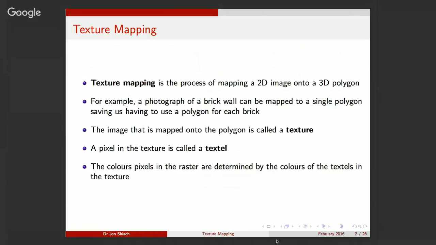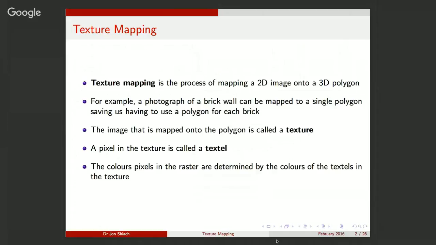You could have a polygon for each brick. Okay, but you'll end up with thousands and thousands of polygons. It's easier to go out and take a photograph of a brick wall and then virtually paste that photograph onto a single polygon. Okay, so that's what we're going to be looking at doing.